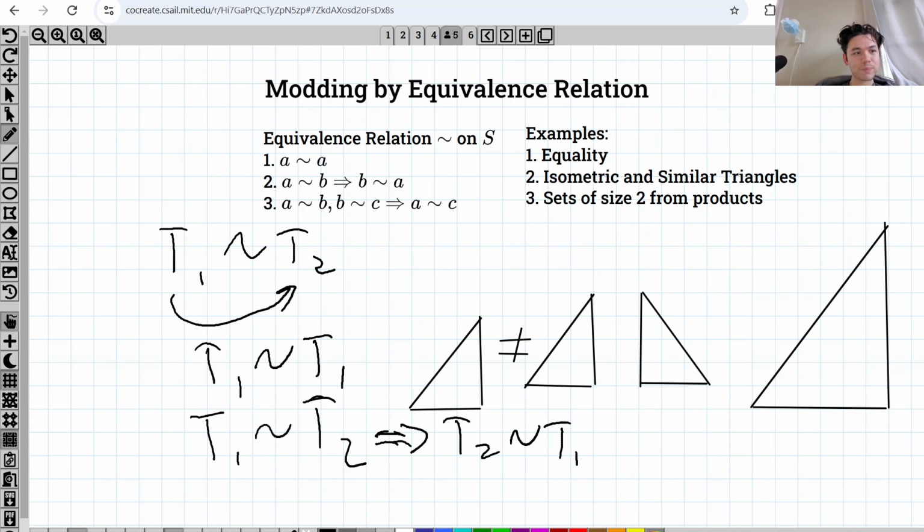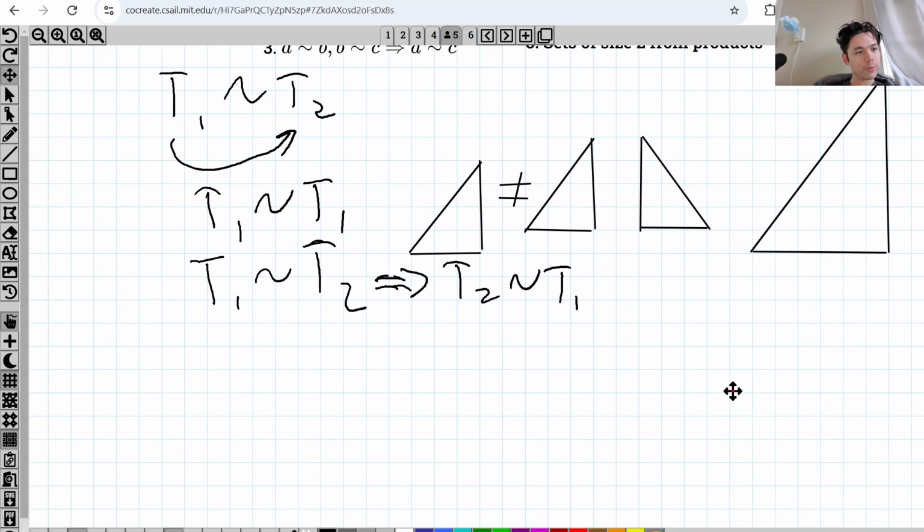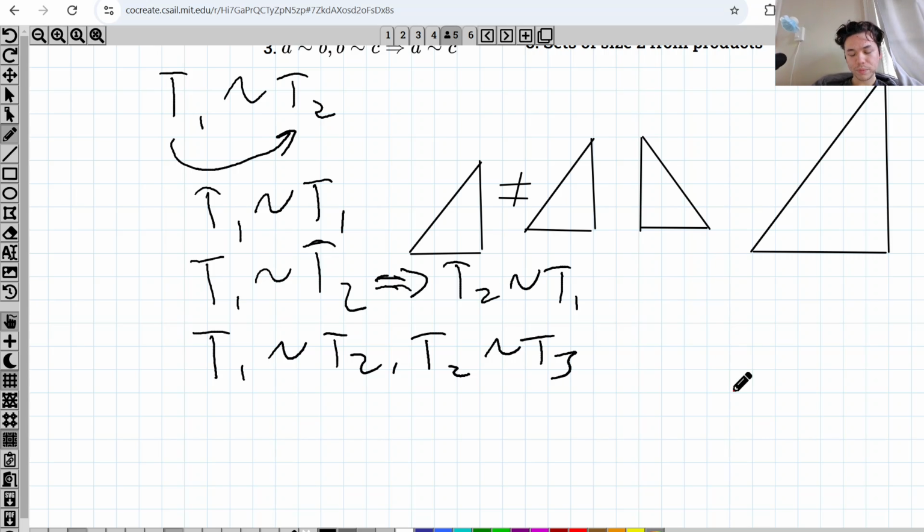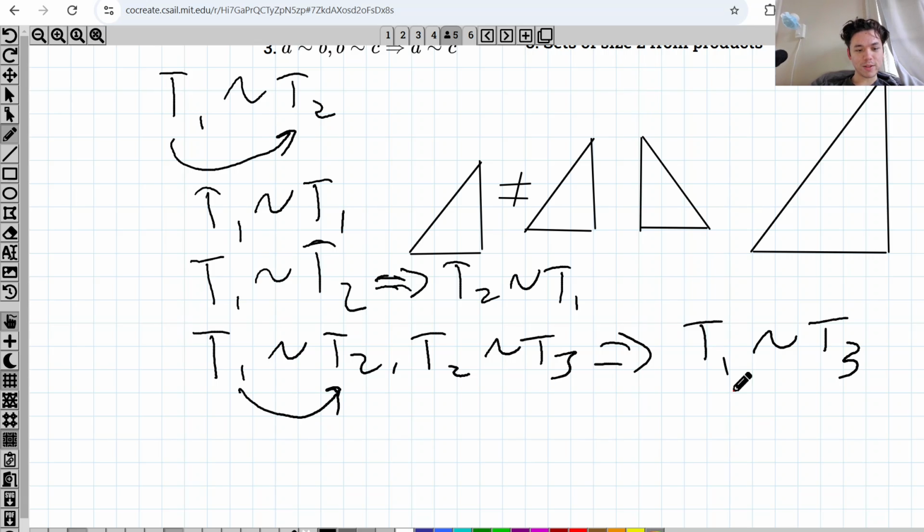And then the last one, which I'll move down a little bit, is that if T1 is similar to T2 and T2 is similar to T3, then that means that T1 is similar to T3. If the previous one was proven by rolling a tape one way and then rolling it backwards, this one we know there's some composition of transformations that gets us from T1 to T2, and some transformations that get us from T2 to T3.